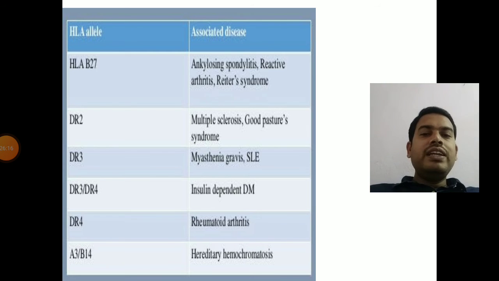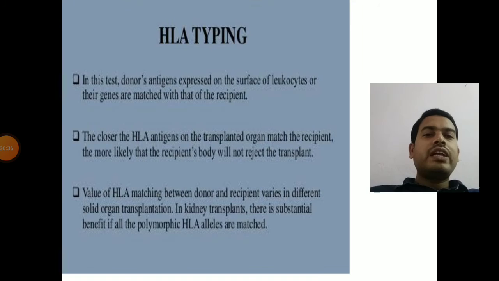So these kinds of alleles are used for HLA typing of both recipient and donor. If the sequence of alleles is matching or closely matching, then they will go for the process of transplantation. So HLA typing is an important process in transplantation technology.